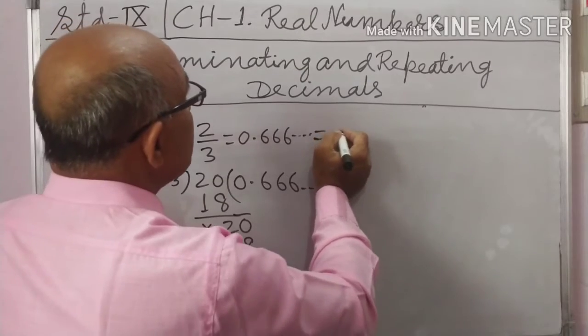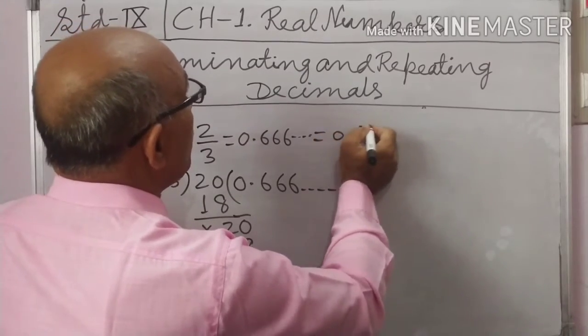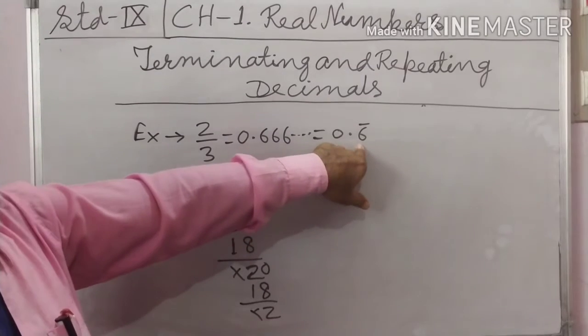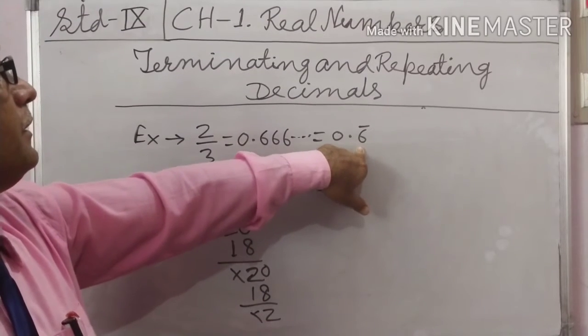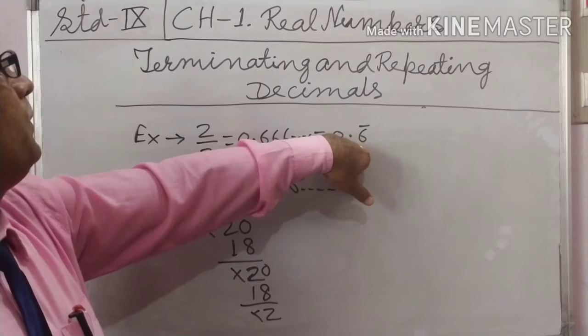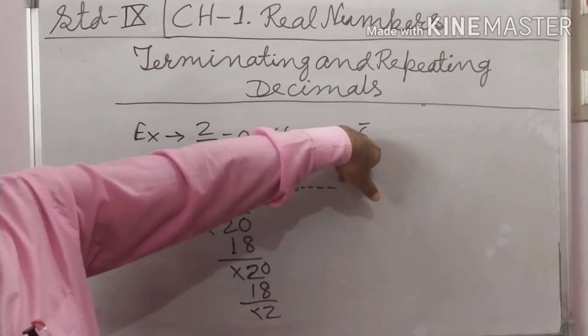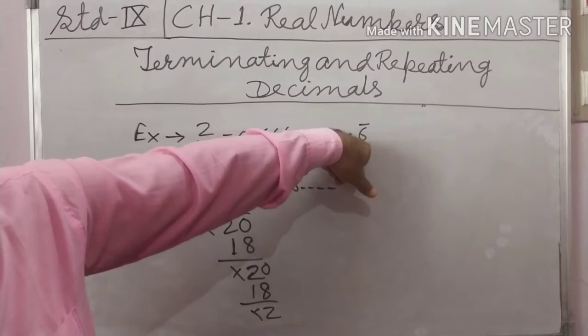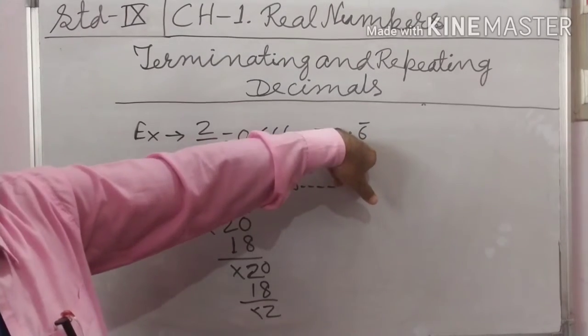Written as 0.6 with a bar. The 6 is the period of repeating, or the length of the period.